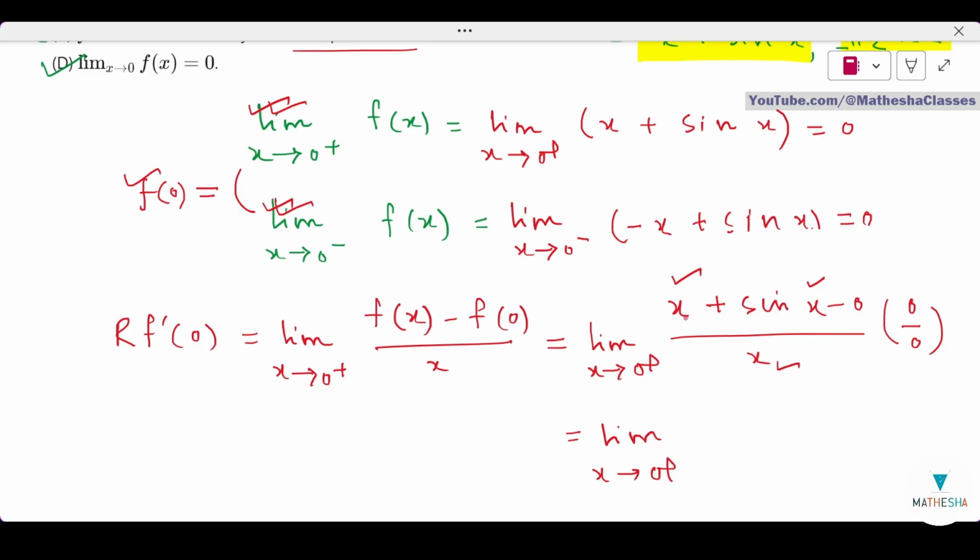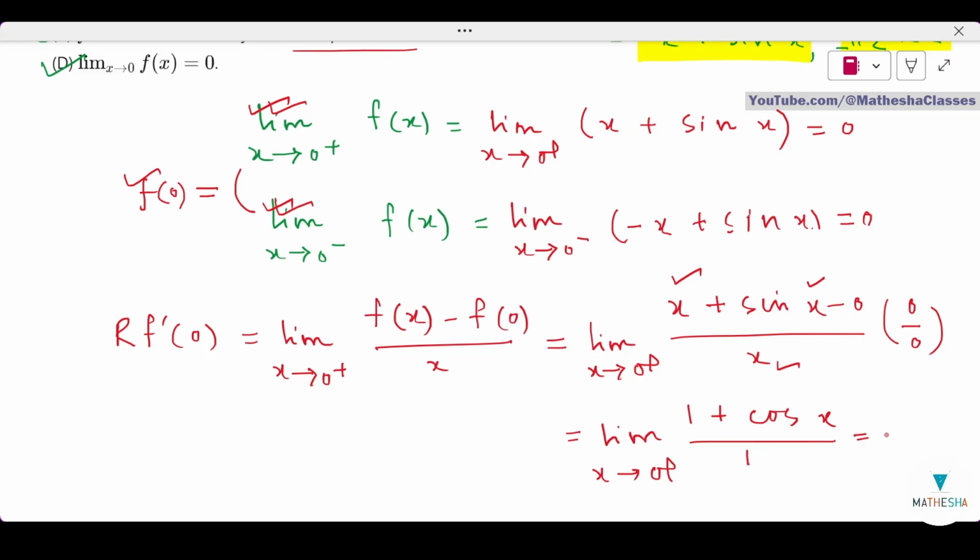Whenever you are getting a 0 by 0 form, we are supposed to use L'Hopital rule. So we'll be differentiating the numerator as well as the denominator. By differentiating the numerator, we'll be getting 1 plus cos x, and by differentiating the denominator, you'll be getting 1.